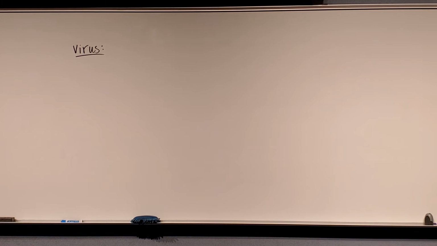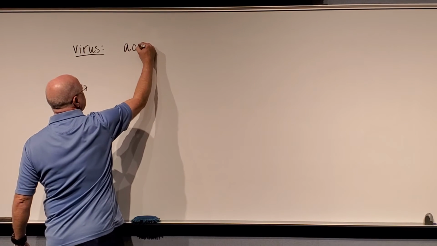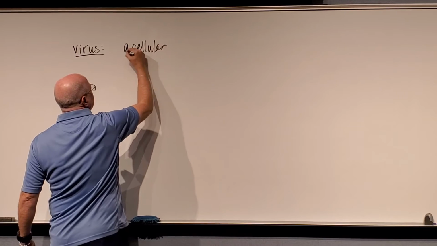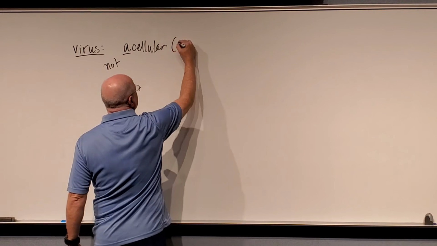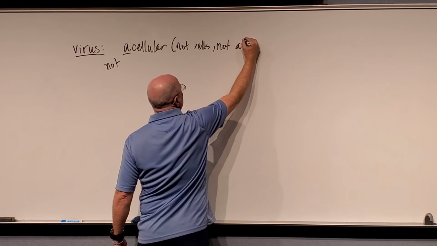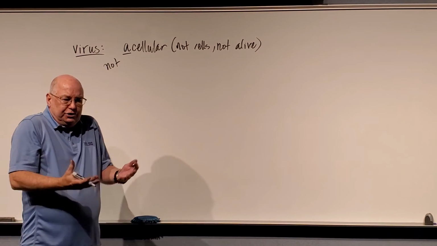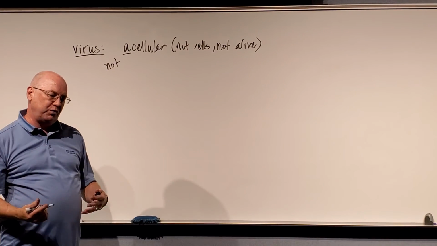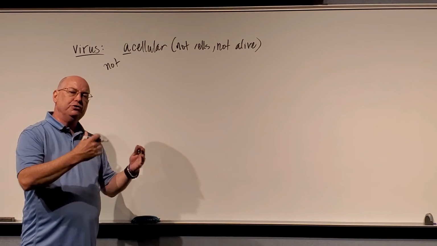So when we talk about a virus, something we need to know about viruses is that they are considered to be what we call acellular. Anytime we have A at the beginning of the word, it means not. These are not cells. They are not alive. They're not considered a living organism. They're just this little thing that floats around and can use the machinery of a living cell to reproduce themselves.